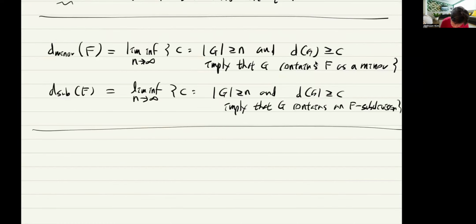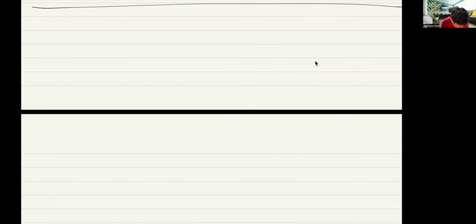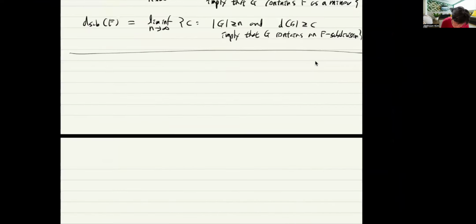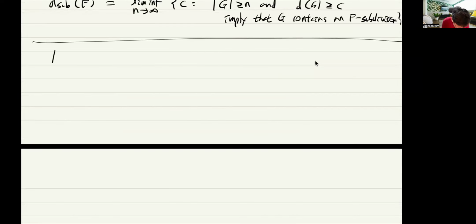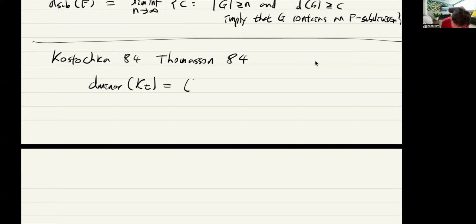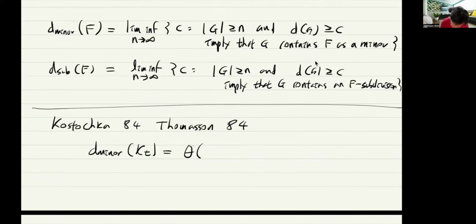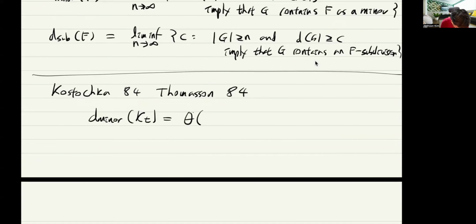And thinking of these parameters is natural. First, in 1984, Kostochka, and independently Thomason, showed that in order to get the K_t minor, you need the average degree to be t times square root of log t.